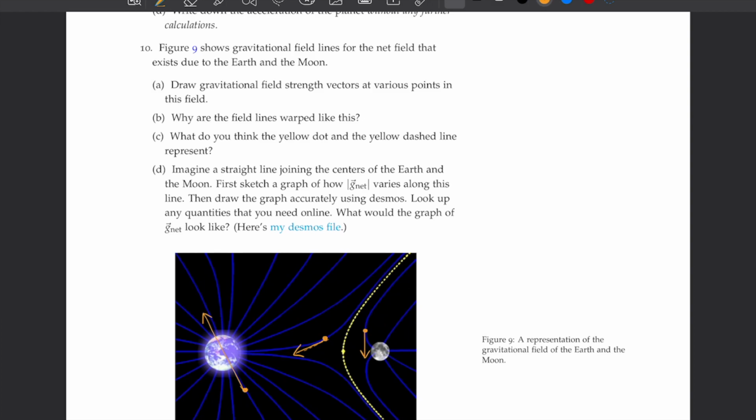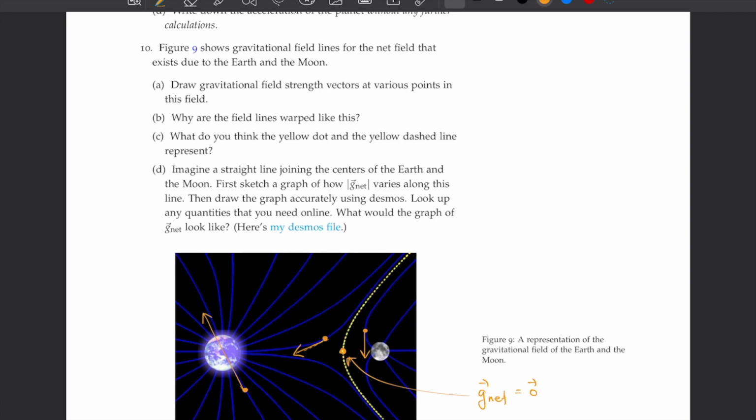What do you think the yellow dot and the yellow dashed line represent? The yellow dot is actually where the field strength from the Earth and the Moon cancel out. So net g is 0 at that point. In theory, I could place a little mass there and it wouldn't move. It's equally attracted to the Earth and the Moon.